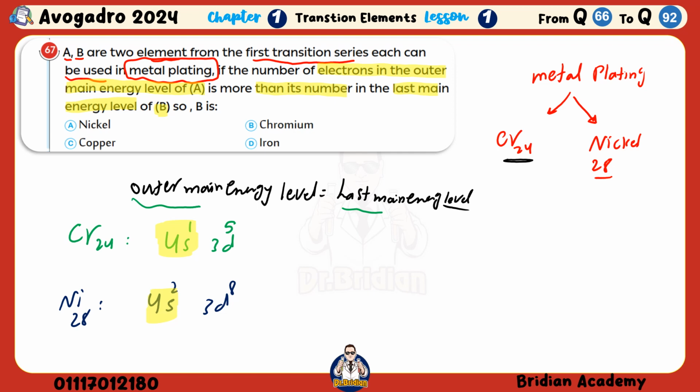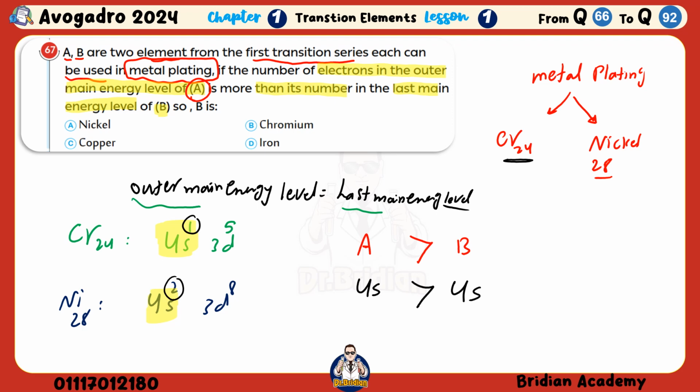Then he asked in the question, if you know that the number of electrons in the outer main energy level of A is more than in B, that means the 4s sublevel in A has more electrons than the 4s sublevel in B. Chromium will be 1, nickel will be 2. So which one has more electrons? It is 4s2 in nickel 28.